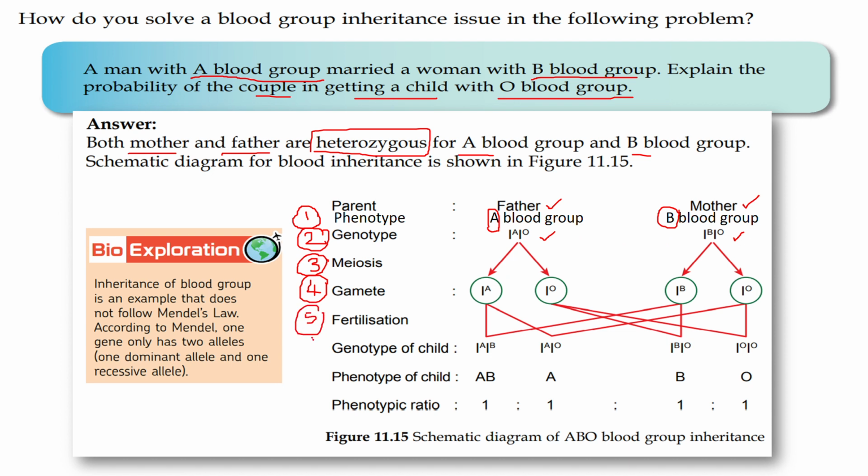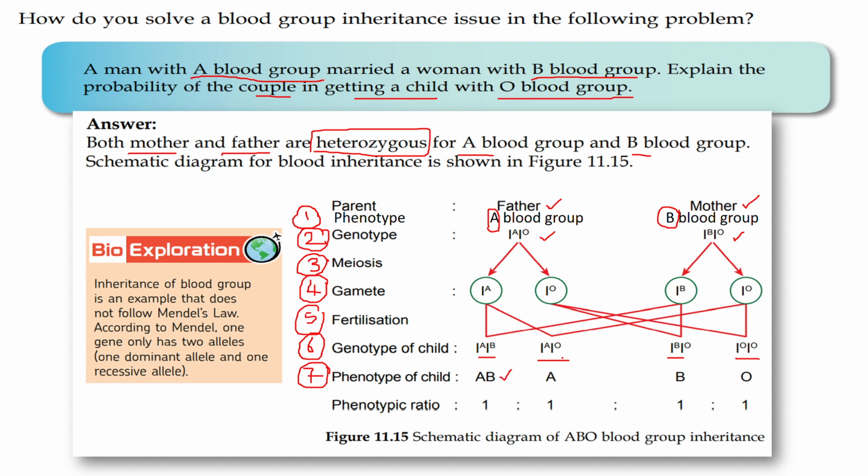And next, let's look at the probability. Let's look at the genotype that the child might be getting. There are 4 of them. So from here, let's write down the phenotype of the child. If it is heterozygous, codominant IA IB, that means the child is going to have blood group AB.